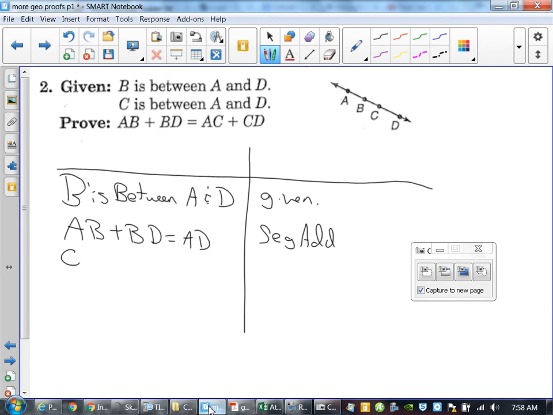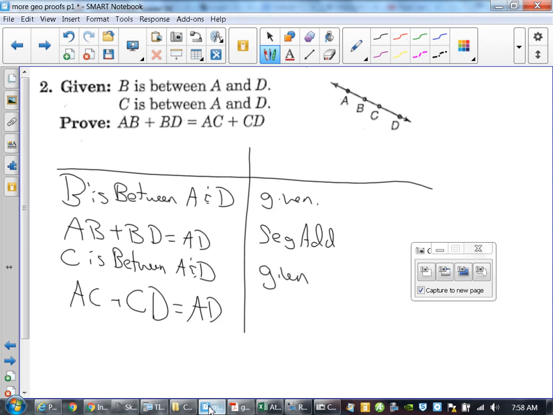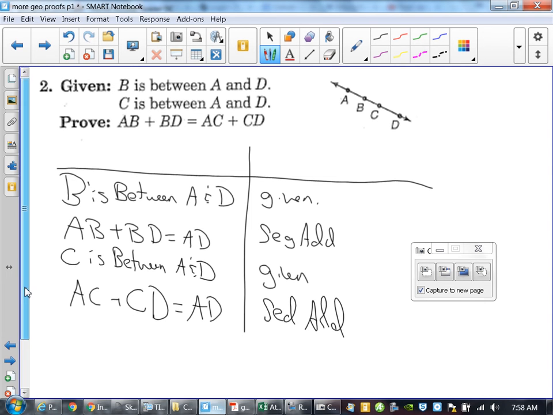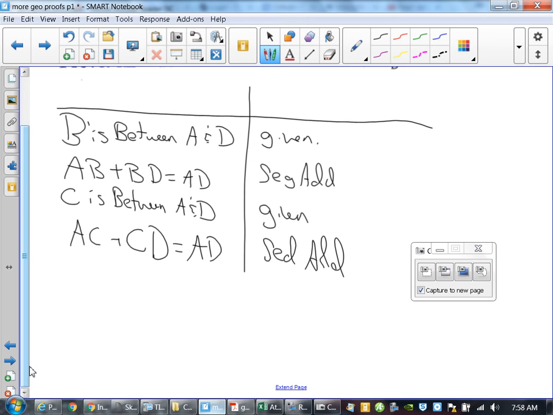Same deal. Do these two things equal the same thing?